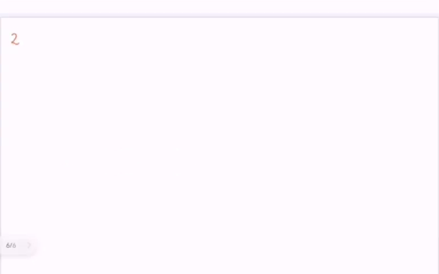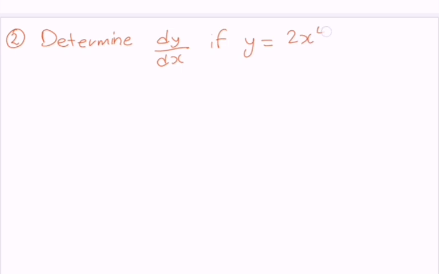Now I want to take the last example. Example number 2. The examiner will say determine dy over dx if y is equal to 2x to the power of 4 plus 1 over x squared. The very same procedure.